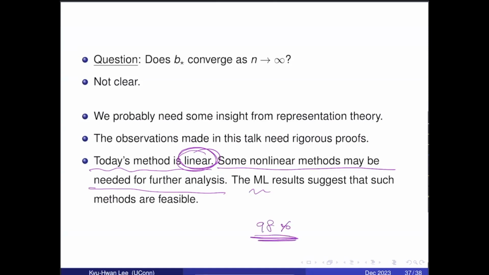That means if we apply the proper nonlinear methods, we can see much more than today's results. So it's not the end of the story, but it suggests that we have to apply other methods to understand Kronecker coefficients better.